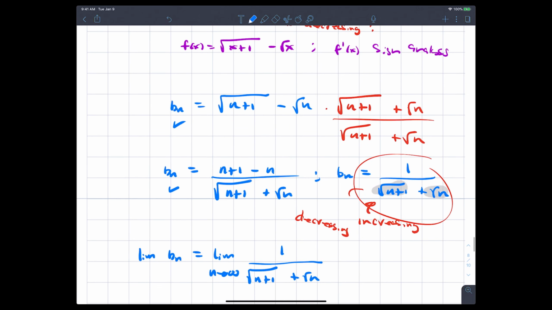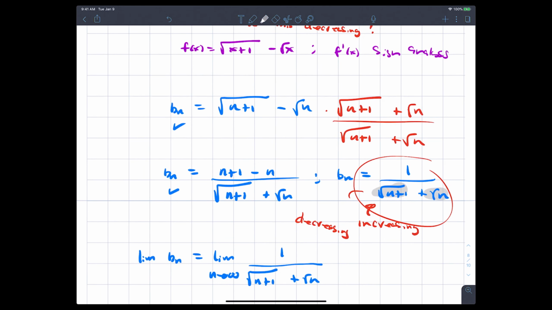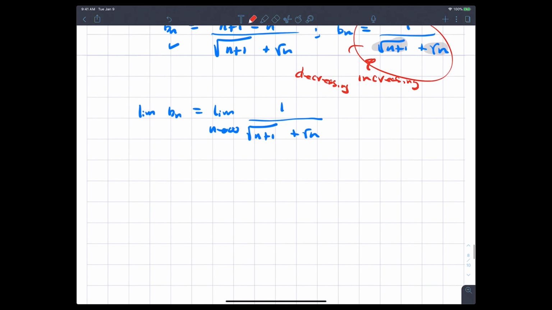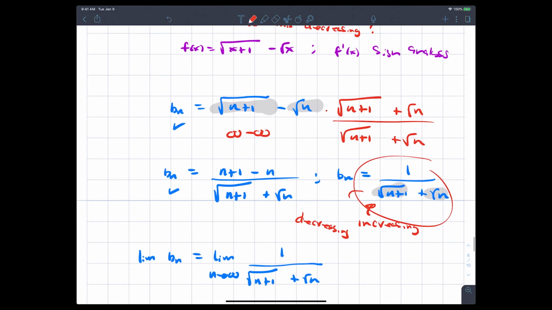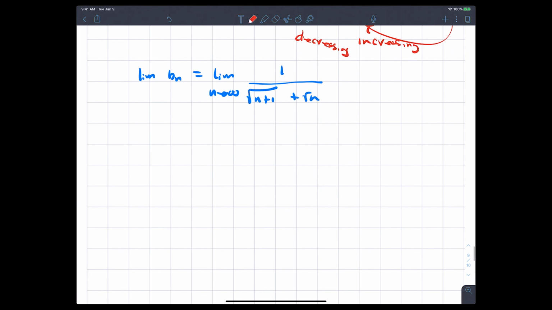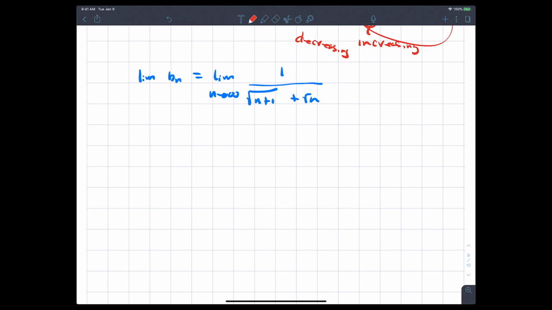Because if I wanted to take the limit up here, you would see that it gives an indeterminate difference, infinity minus infinity, and this is the algebra you would do anyway to fix it. Remember, if you have an indeterminate difference, you do this kind of algebra. Anyway, this means that this limit is 0.